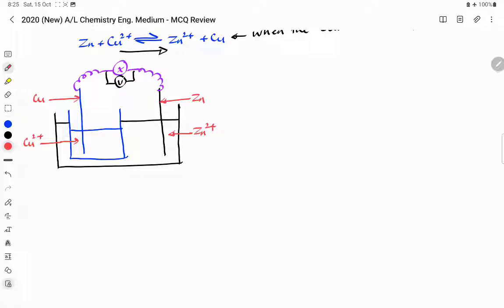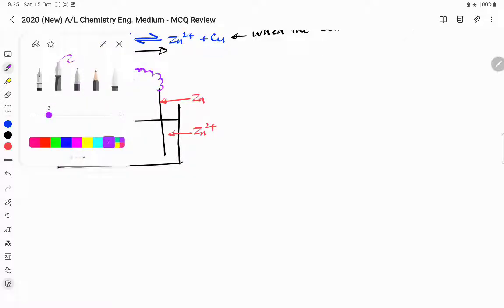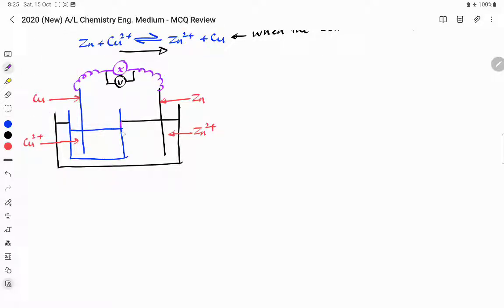Now this is a galvanic cell which shows a liquid junction. Now if this wall of the container which contains the copper electrode is formed with a porous wall, you can use cardboard for that. The 2 electrolytes, the copper solution and the zinc solution, are connected through a liquid junction. This is called a liquid junction.